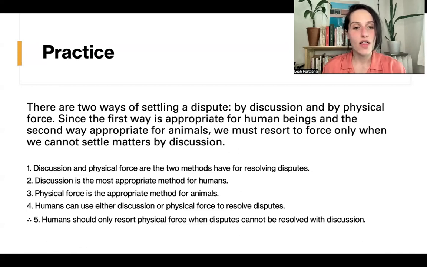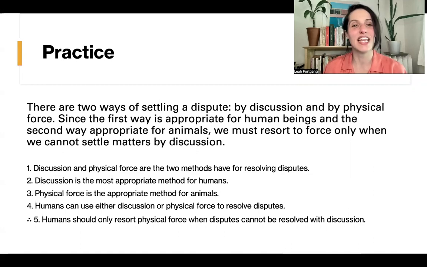the first thing that we want to recognize here is that it might initially seem, and I know at least some of you are going to feel this, as I did when coming up with some of the questions on the practice sheet and the module worksheet, that the conclusion is there are two ways of settling a dispute by discussion and physical force, right?